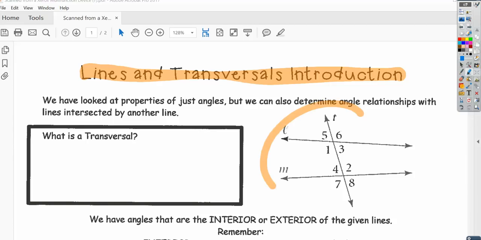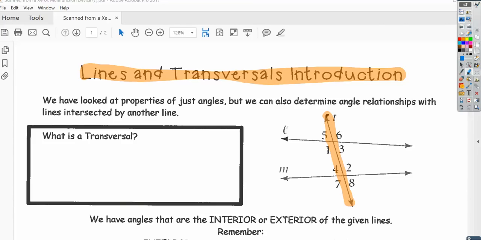So if you take a look at this picture over here, notice I have two lines, line L and line M, and they're being intersected by line T. So line T, if I can highlight it too, is intersecting line L and line M, and notice it forms four angles.